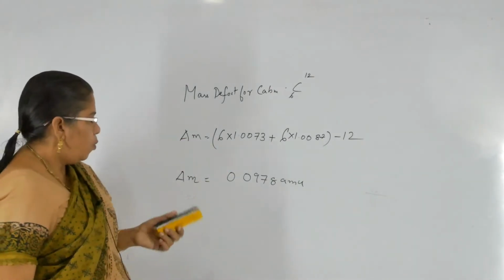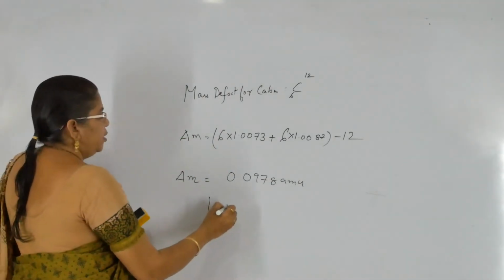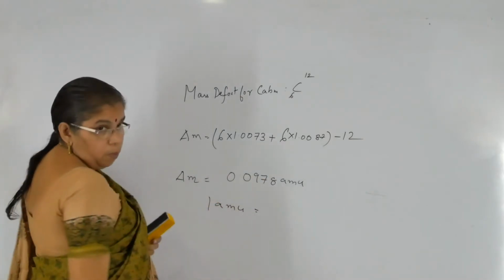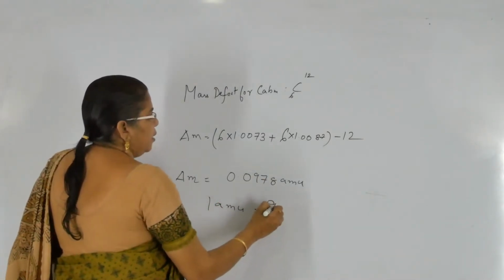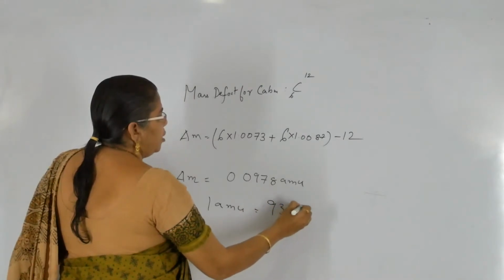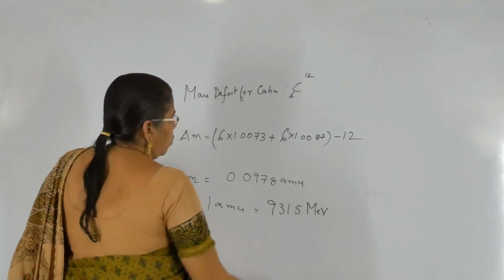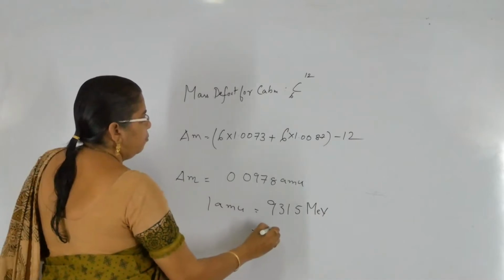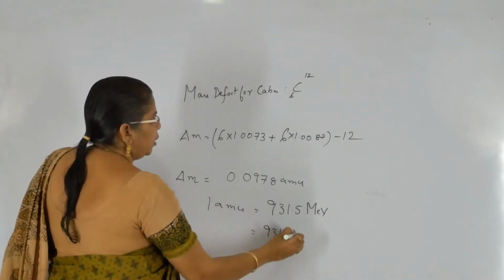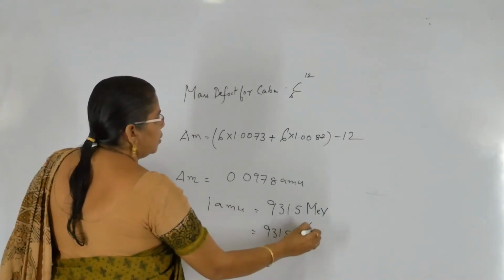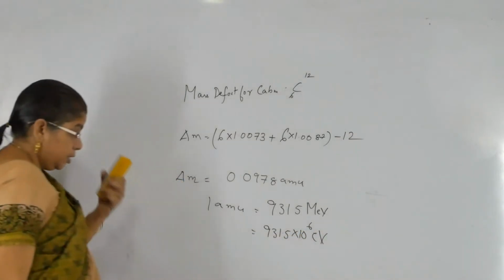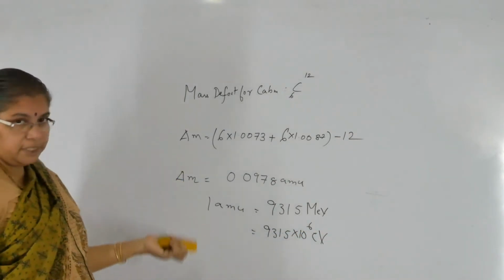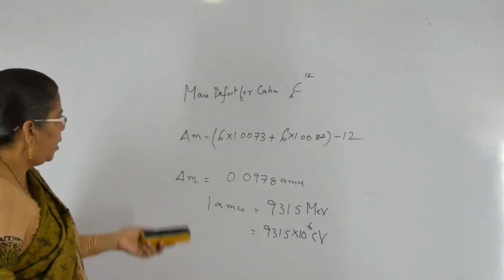And when 1 AMU of mass defect is there, how much energy is released? It is 931.5 MeV or 931.5 into 10 power 6 eV. So this is how the mass defect is calculated for the carbon atom.